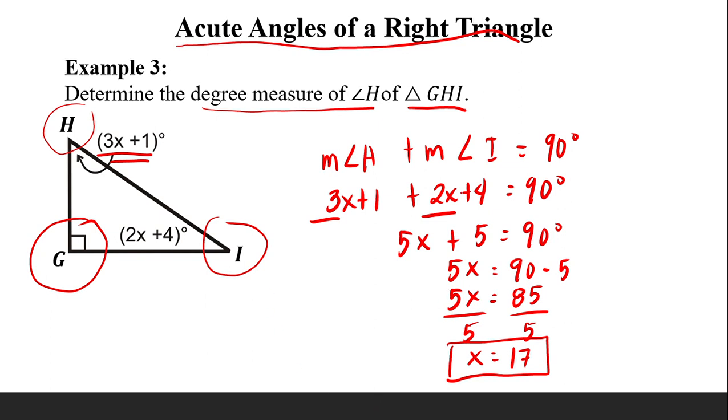Now, we're not done yet. We need to find the angle measure of angle H. Measure of angle H is equal to 3x plus 1.